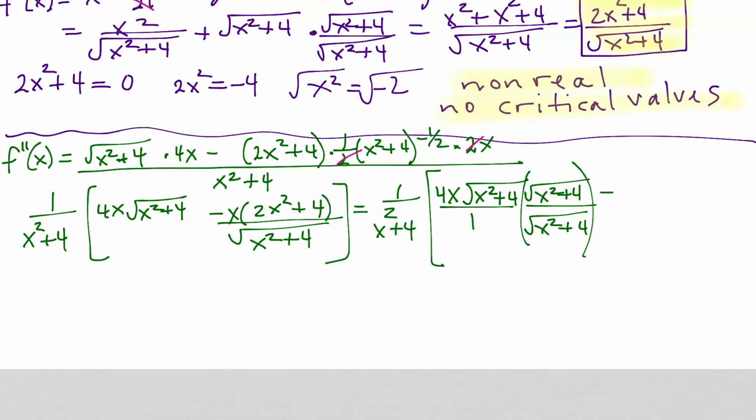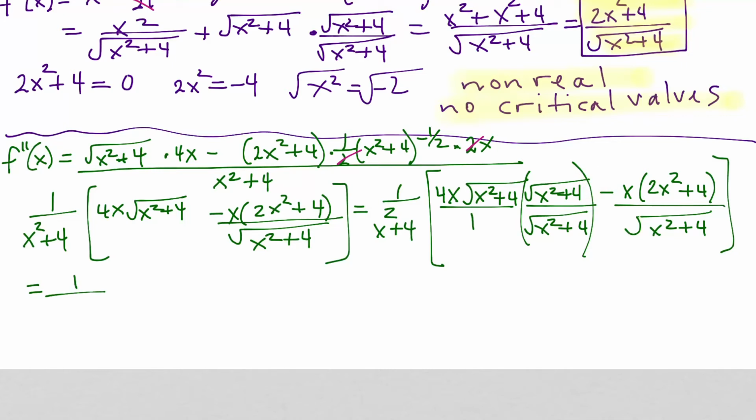And then this is minus x times (2x squared plus 4). Now multiplying this together, the radical will come off there.